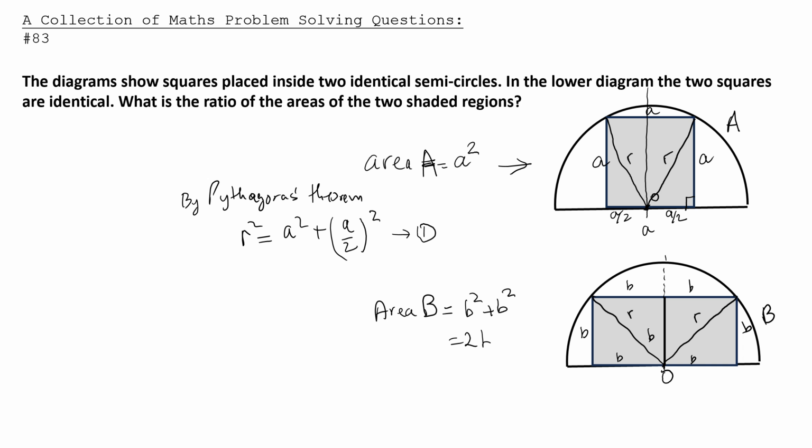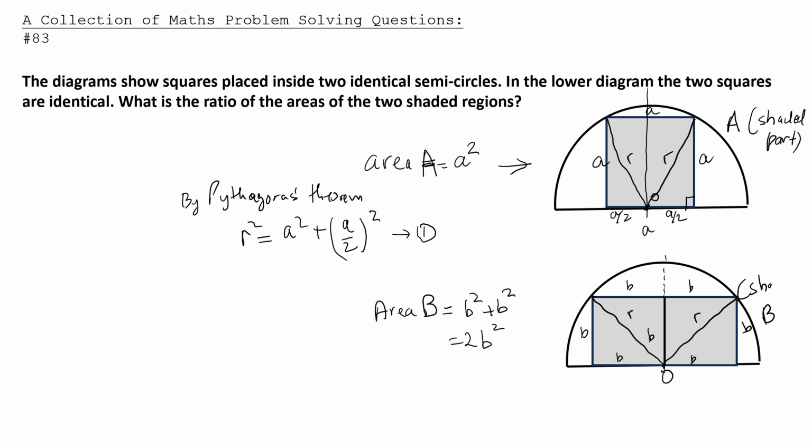That is twice of B square, because the area of one square is B square, the area of the other square is also B square. The total area of the shaded part B, I say shaded part, or it would mean the wrong thing.